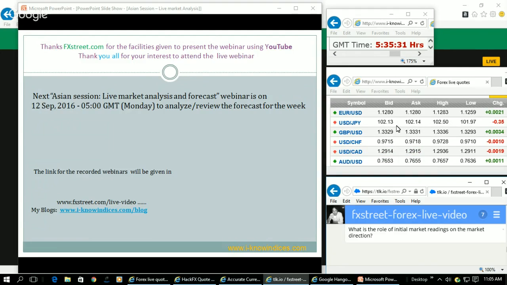And invariably what happens after reading the comments, etc., is that the traders develop sentiments. They think, okay, the market is going to be bullish, fundamentally the US economic data is negative, and so obviously euro and GBP will go up. That is how they develop the fundamental sentiment.